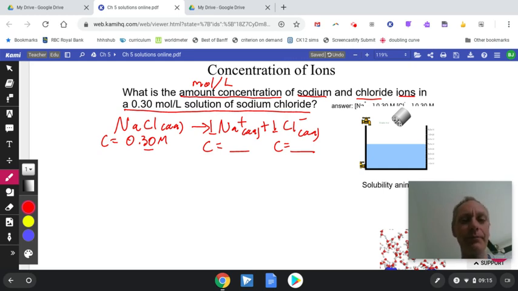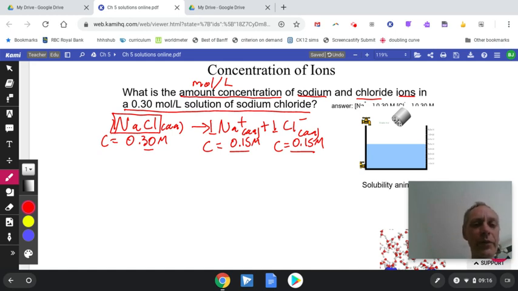If I take a chunk of something, a crystal of salt, and I break it into two parts, I should have half as much. 0.15, 0.15. Okay, makes sense, seems logical. Let's see if the math supports that answer.